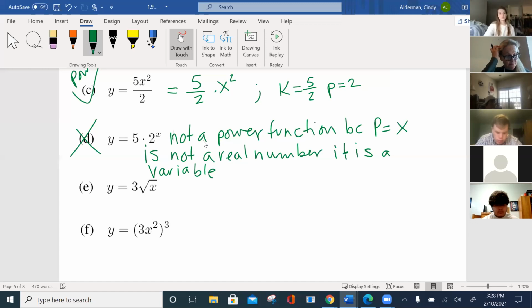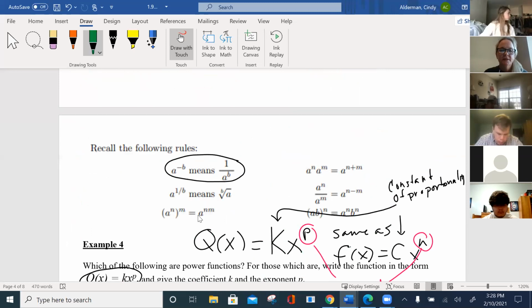All right, what do you guys think about E? Can we write a radical with an exponent? Is there a way to do that? Wouldn't it be x to the 1/2? Yeah, it definitely would. Thanks, Matt. If you look up here, there's this rule. Oh, wrong rule.